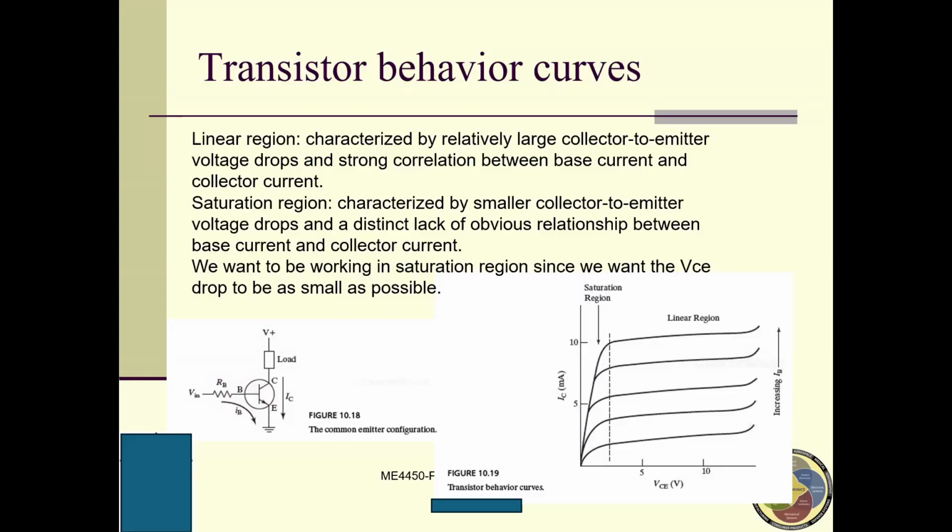Right? We don't want a big voltage drop for VCE between the collector terminal and the emitter terminal. Otherwise, we just lose a lot of energy uselessly. This voltage is useless. Questions so far?